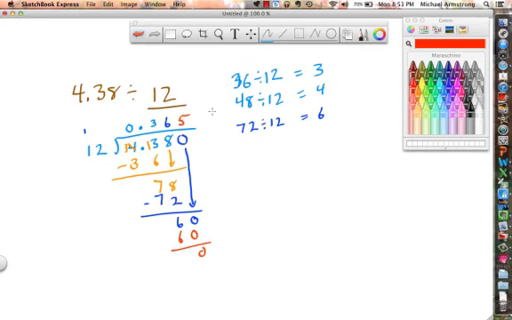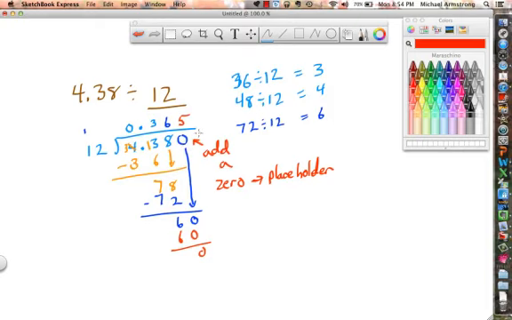We're done. Okay, so we had to add a 0, or a placeholder, so that we could continue to divide.